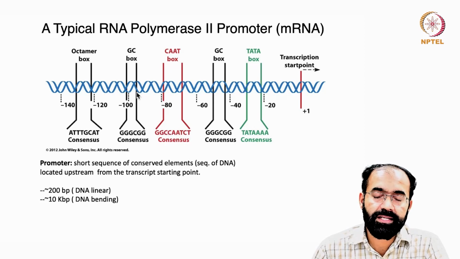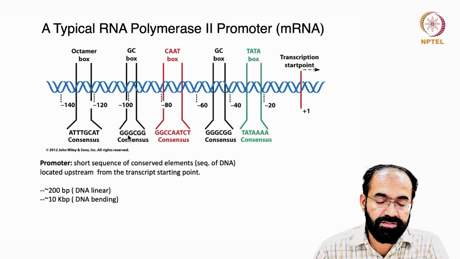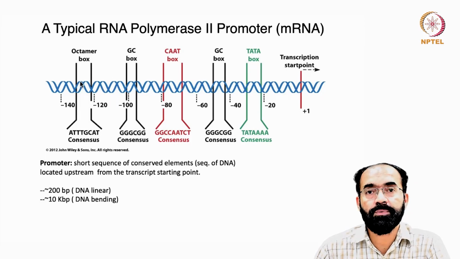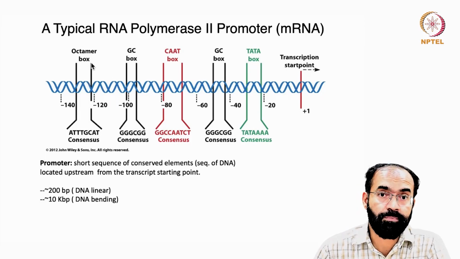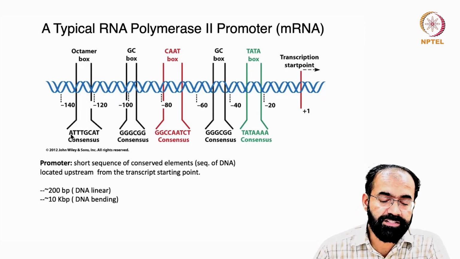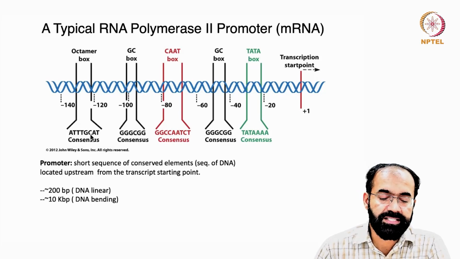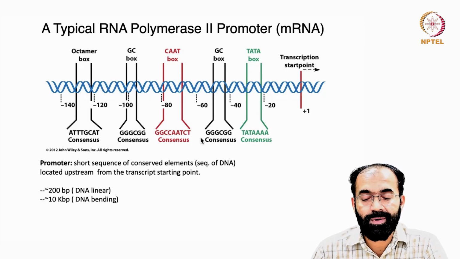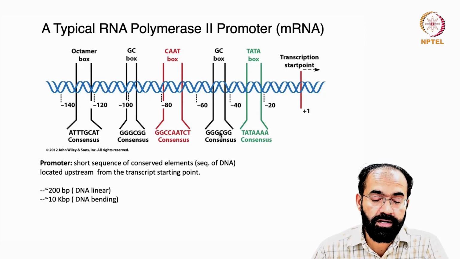Much upstream of that, you have another GC box having the same sequence as the GC box you saw earlier, GGGCGG. That is the consensus sequence of a GC box. Then much upstream of that, you have an octamer box. An octamer box has a sequence of ATTTGCAT. That is the consensus sequence. So this comprises the so-called promoter region or promoter sequence.